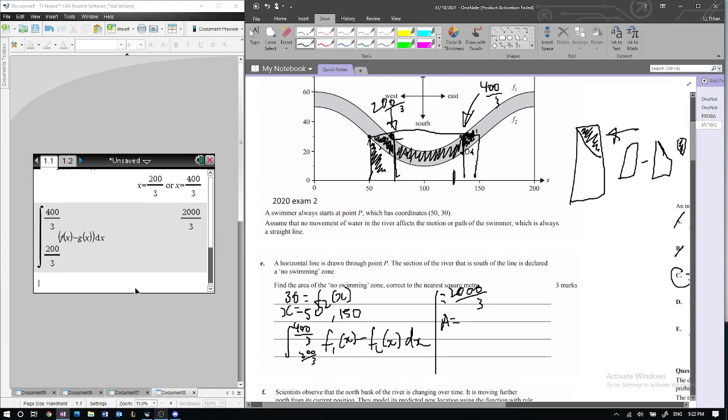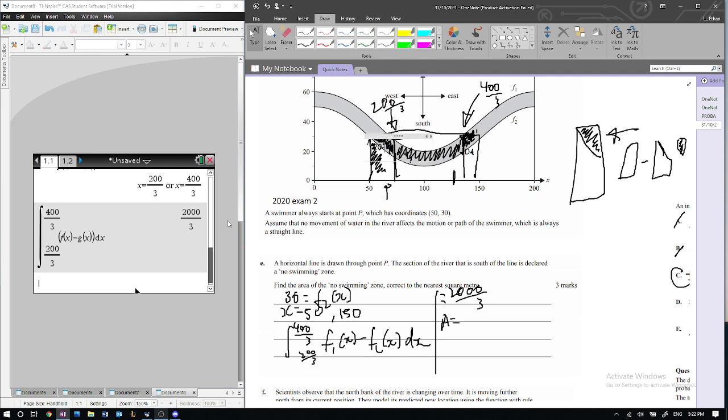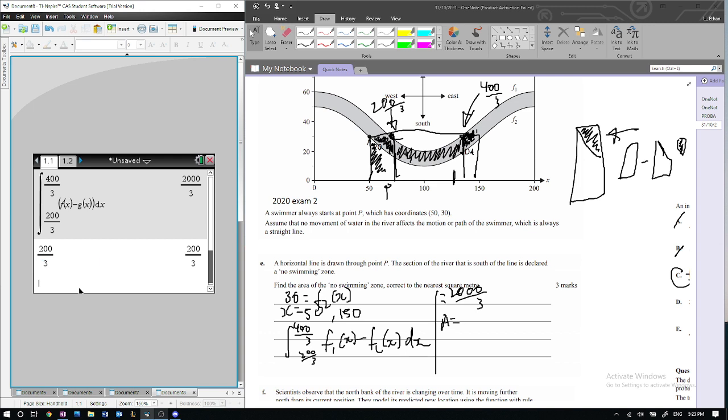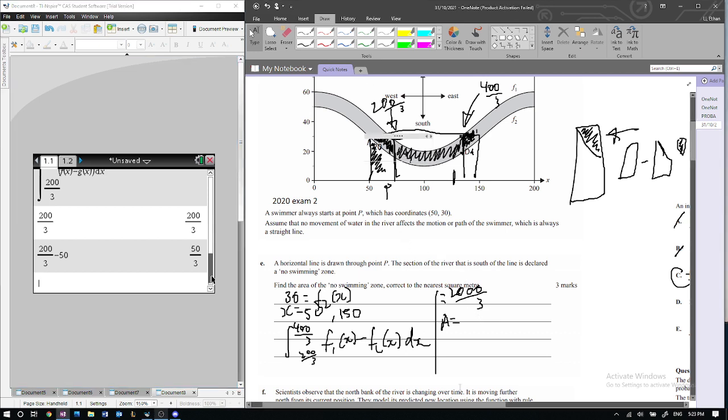So first of all, finding the area of the rectangle. Well, we know the base because we found these two intersection points. So the base is just 200 on 3 minus 50, so it's 50 on 3, the base. Area is equal to 50 on 3 times the height, and we know the height because point P is 50 to 30, so times 30.